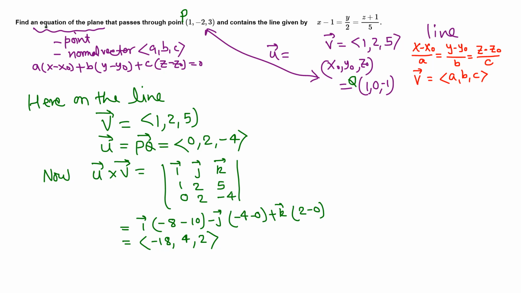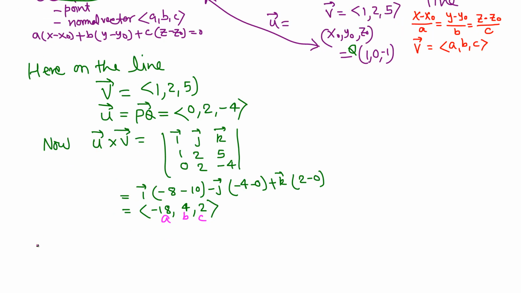Now for our context, the equation of the plane, we need the normal vector a, b, c. So this is a, b, c in our context, and the point 1, negative 2, 3 is given here, and that's x naught, y naught, z naught for us. In fact, we can use this point as well, because this is also a point on the plane.